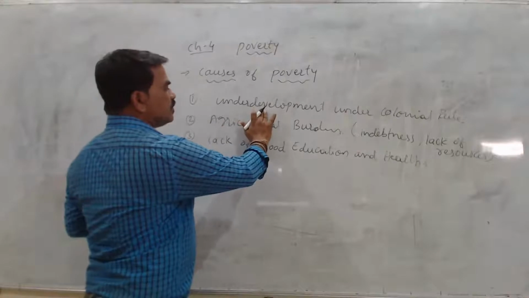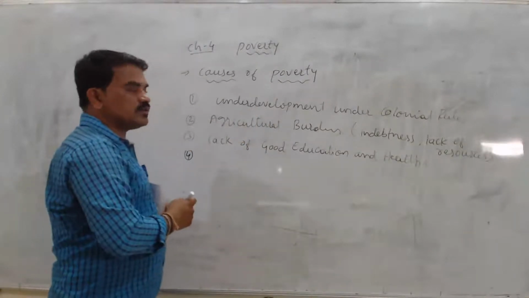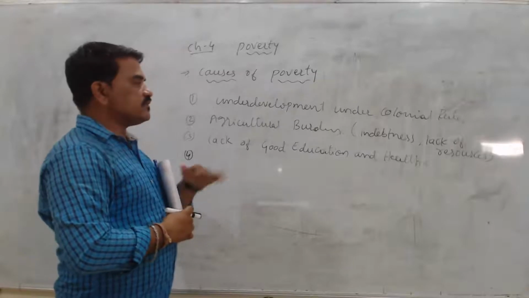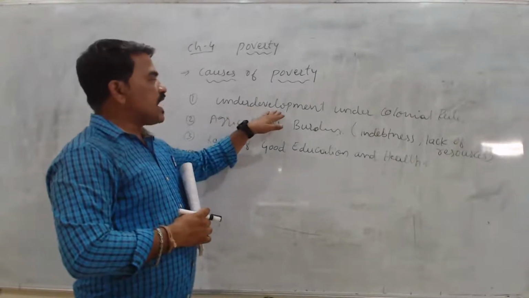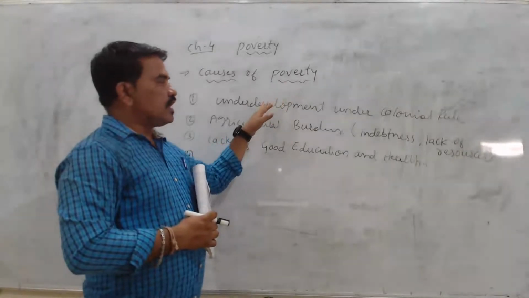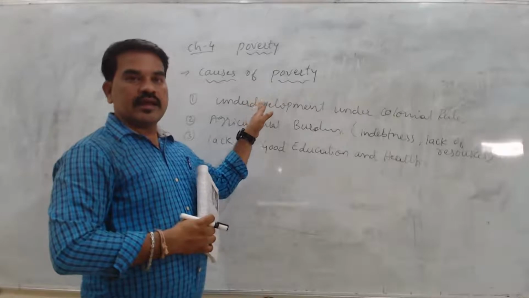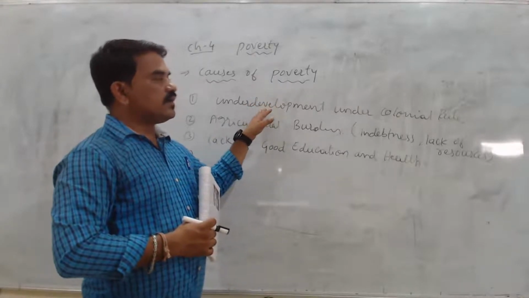Under colonial rule, they are underdeveloped. There were no developmental activities in all the sectors, so they suffered a lot due to high taxes. They asked us to produce the goods at a lower price, and they exported, and we used to import at a higher price. So like that, they treated us very badly.